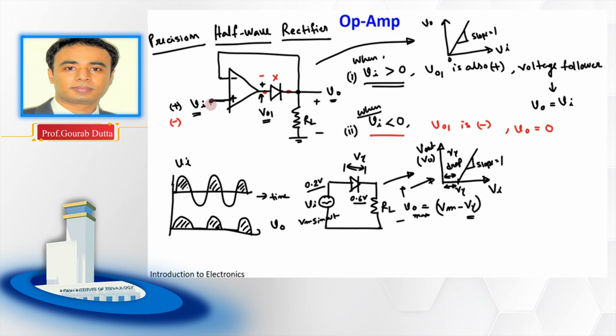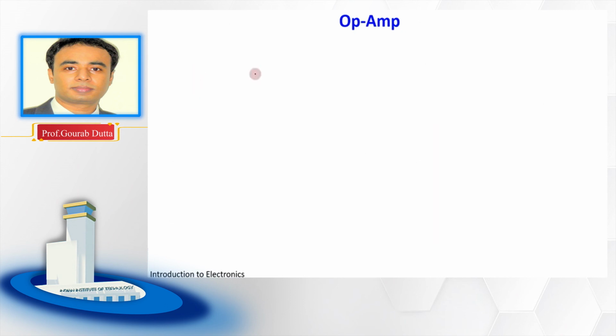So first we will analyze the circuit where the diode is used in the feedback loop. Here this is the op amp whose non-inverting terminal is grounded. The output voltage is V0.